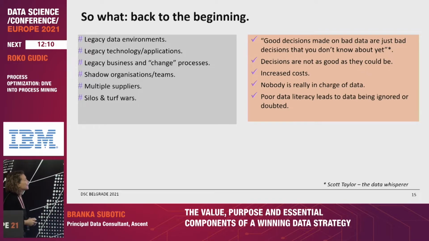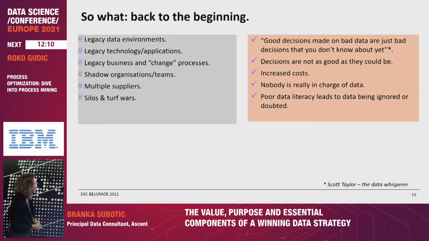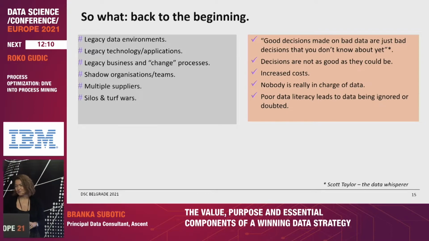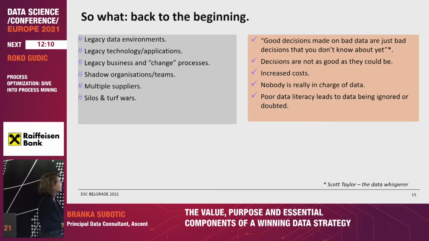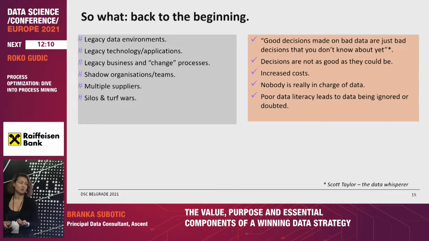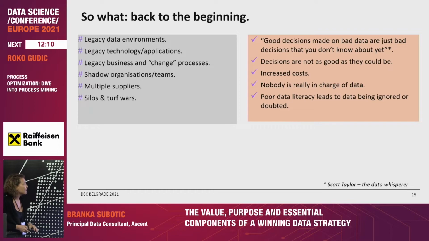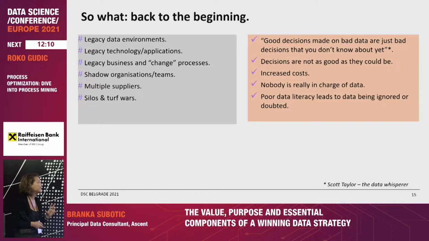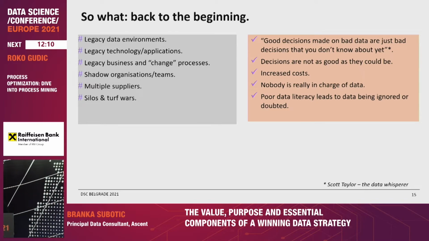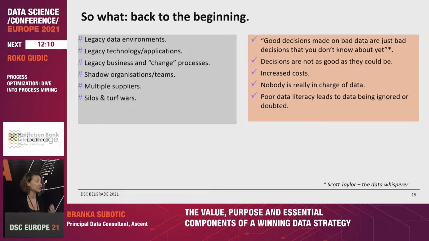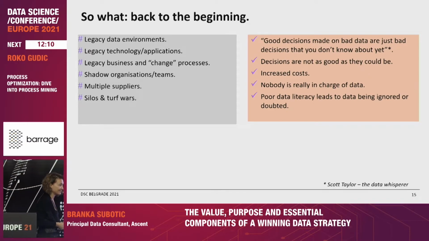So what? Back to the beginning. Remember I told you, I don't know what happened with this slide. It doesn't look really good. Remember I told you the things on the left are the things you're going to face in pretty much a lot of companies. On the right, there is a quote that I really like that unfortunately you can't see for some reason: good decisions made on bad data are just bad decisions that you're not aware of yet.